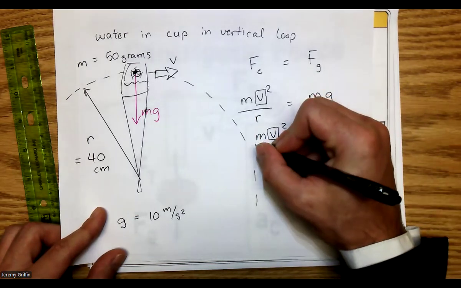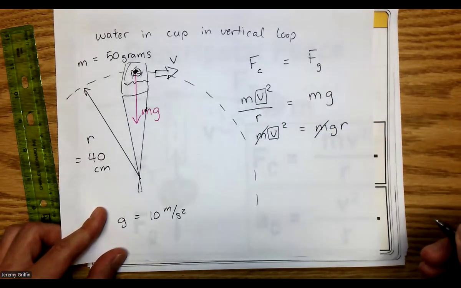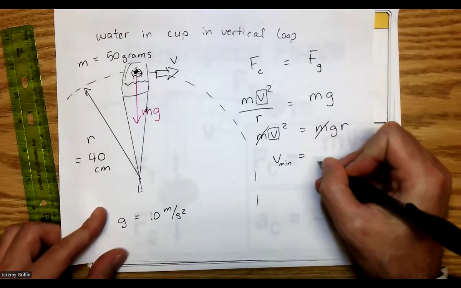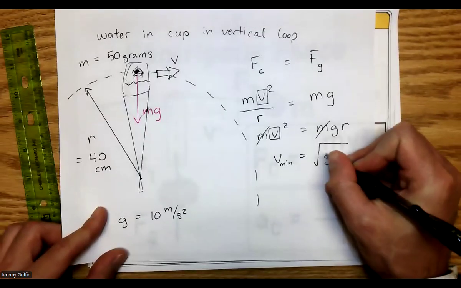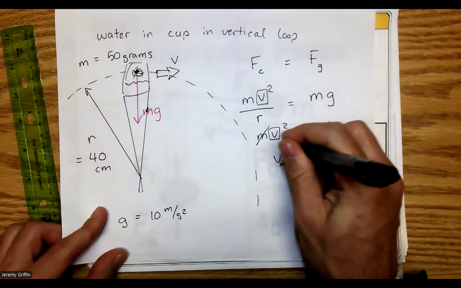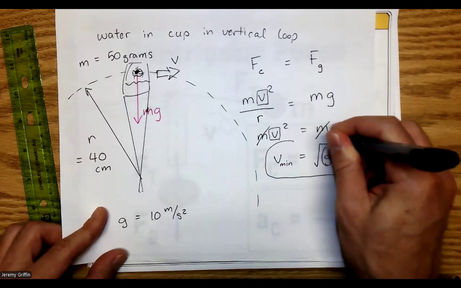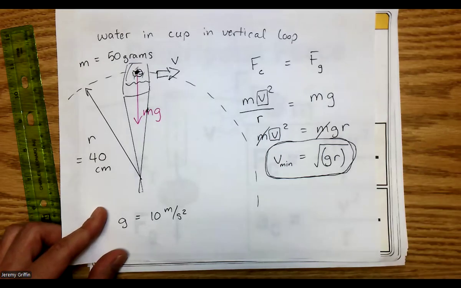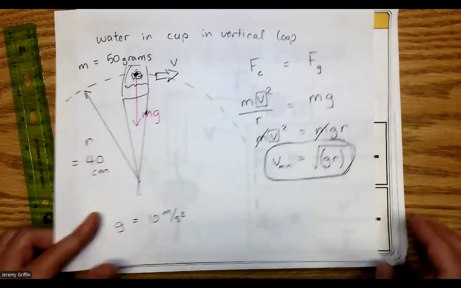The mass. Goodbye. And what's the last algebra step? Square root. I should say minimum speed, so I throw on a subscript min. It's the square root of everything left over, which is g times r. That right there is the general solution that could solve any of these. You could have any radius circle, and for that matter, you could be on any planet, because the gravity field is part of that.